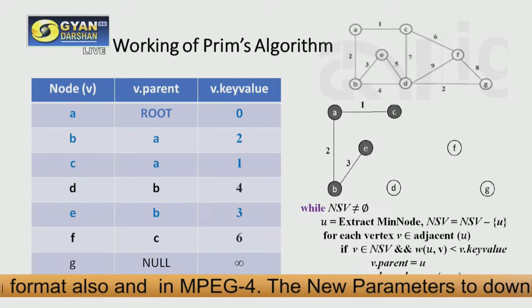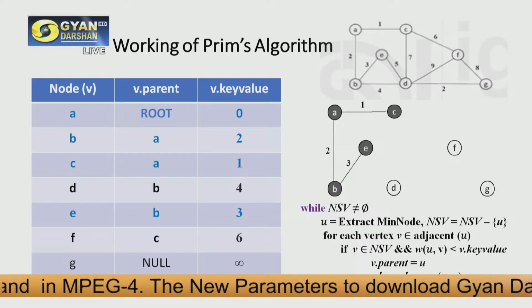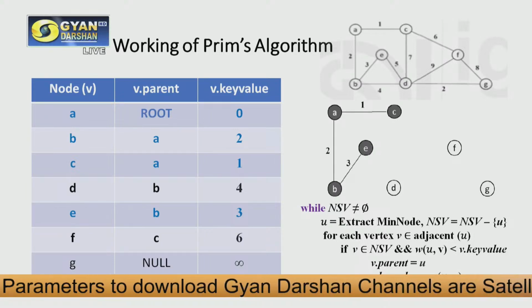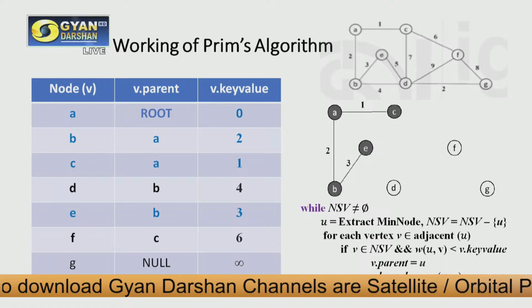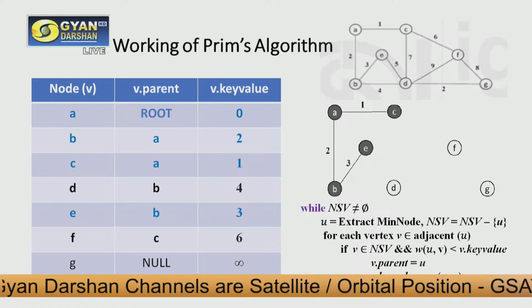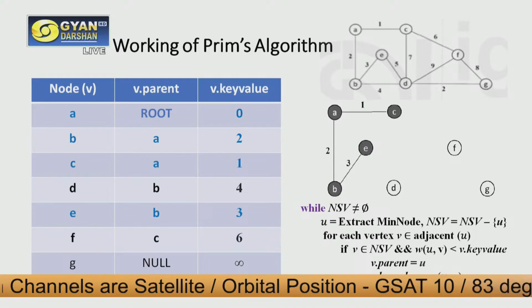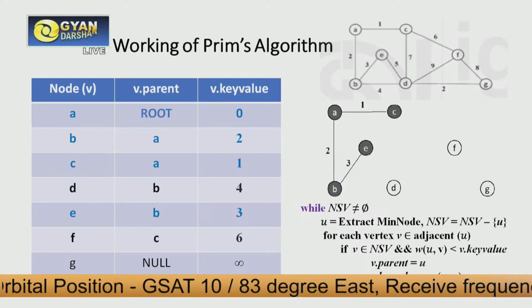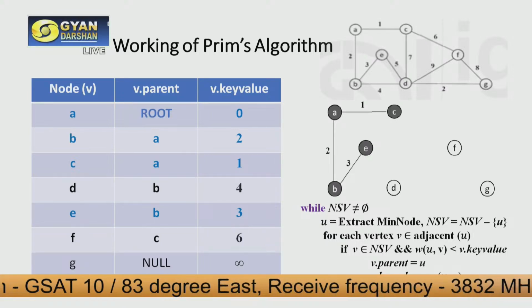So after selecting E, we have the unvisited nodes D, F and G, and then we look at whose cost is minimum out of these D, F and G. So it is D which is minimum.